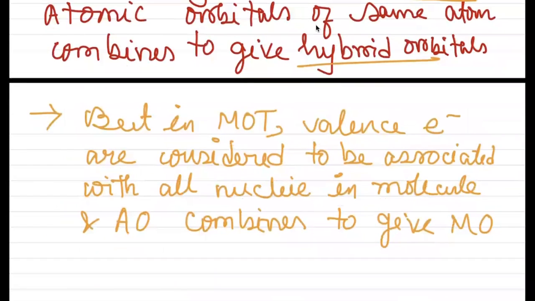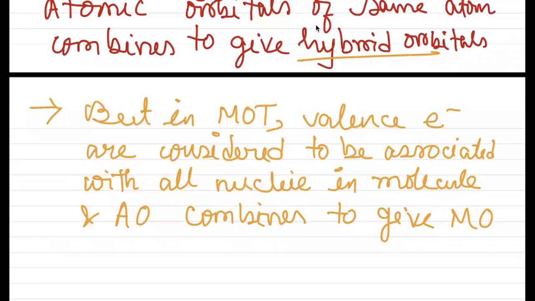But if we consider MOT, what is MOT? Molecular orbital theory, that means orbitals of the molecule. In MOT, valence electrons are associated with all the nuclei.